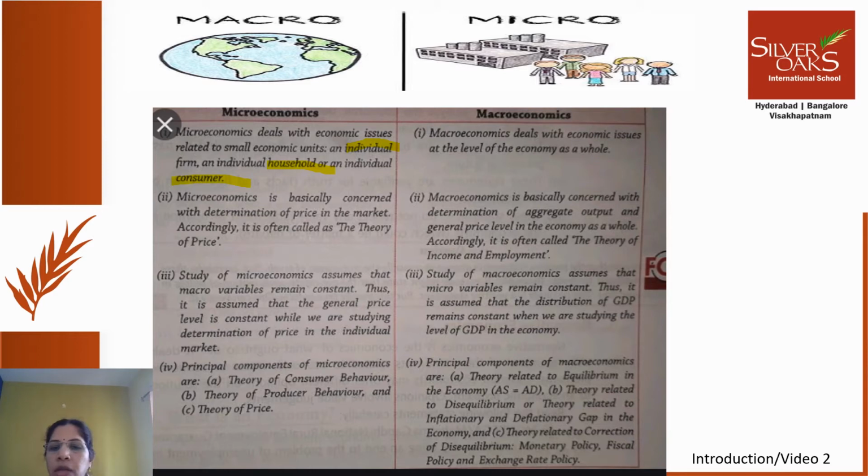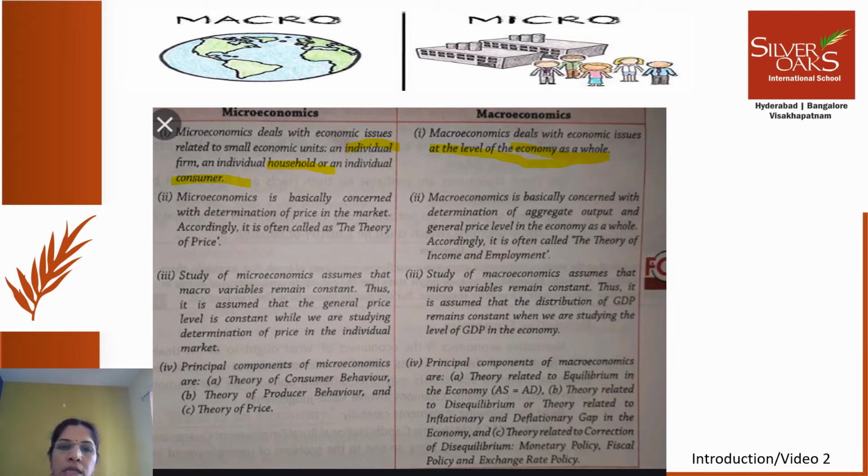So any economic issues or problems related to individual entities come under microeconomics. Macroeconomics deals with economic issues at the economy as a whole, which means the overall economy at a broader level. So microeconomics is a narrower context, macroeconomics is a larger context.